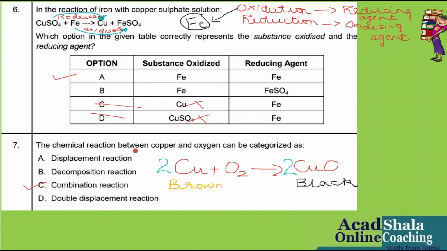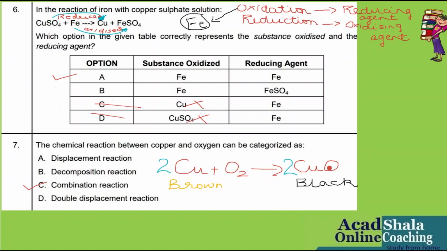The chemical reaction between copper and oxygen can be categorized as: displacement reaction, decomposition reaction, combination reaction, double displacement reaction. Now, to solve this question, let me write my equation with my prior knowledge. Copper and oxygen, so Cu plus O2 gives you CuO.